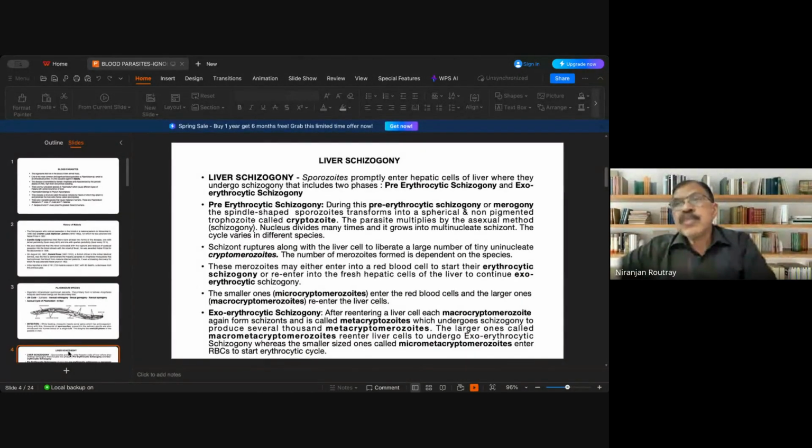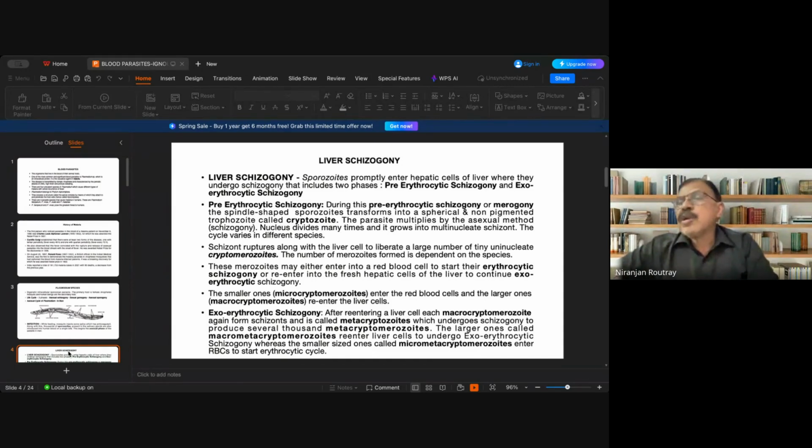Multinucleate schizont. That means the nuclei are not completely separated. They are in a multinucleate state within the trophozoite stage, called the schizont. And how many days it requires for completion varies with the species of the malaria parasite.